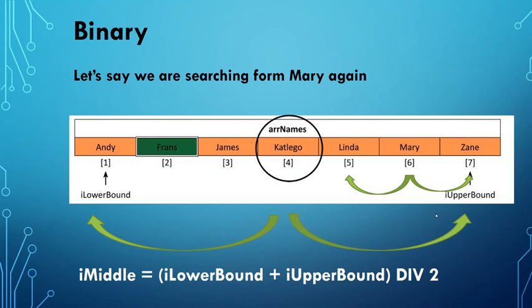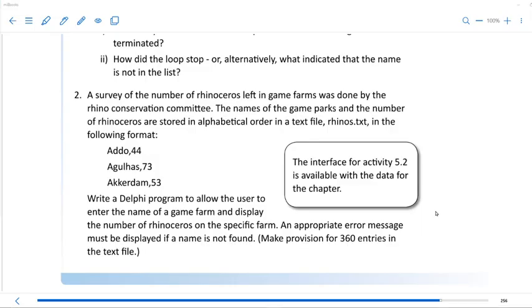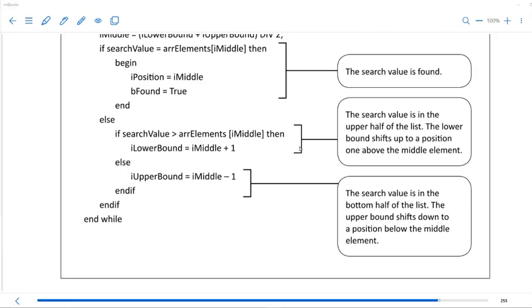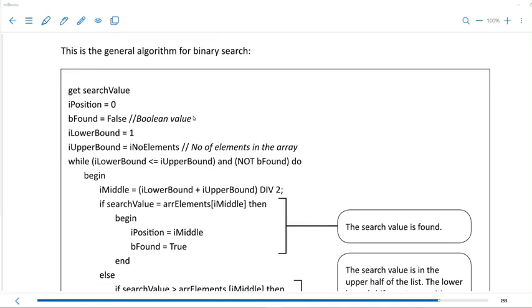So let's have a look at our algorithm, which is right here. We're getting our search value, the name, let's say Mary. We initialize our position to 0 because we do not know where it is yet.